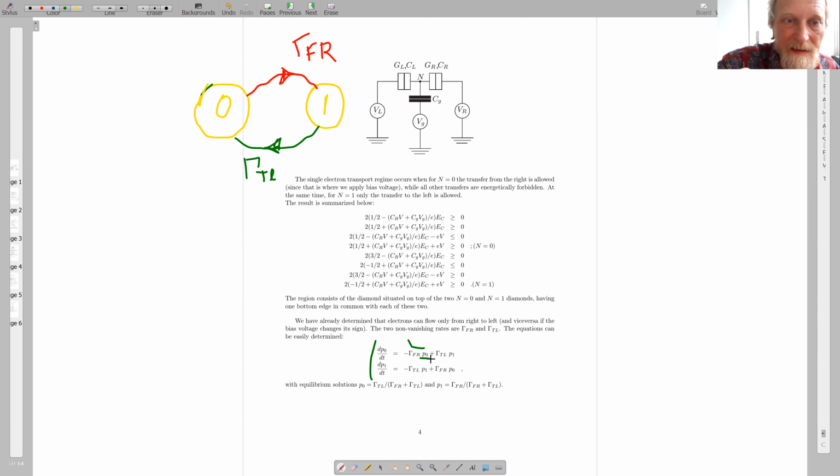Also there could be an incoming rate. In this case, the system has to be in state 1. We have P1. We look at the stationary case. These probabilities are 0. So we find this. For 2 states, 2 rates, it's very simple equations.